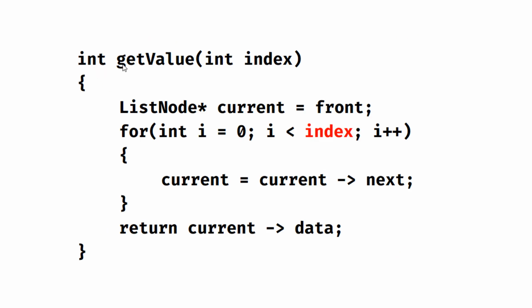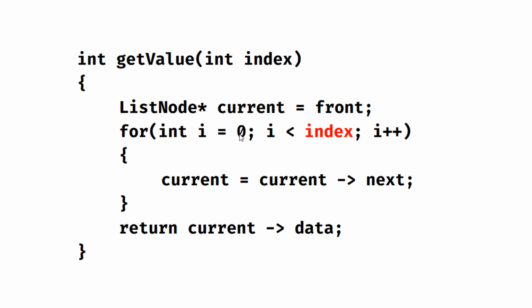This is the implementation. So we have a function called get value, or you can call it get. It takes index as argument. It should be integer. We create a temporary pointer called current, and then we assign the value of the front to the current. So both current and front are pointing to the first node in the list. We create a for loop starting from 0, and it has to be less than the index. So for example, in the previous diagrams, we were looking for the value at index 2, so this index is going to be 2.